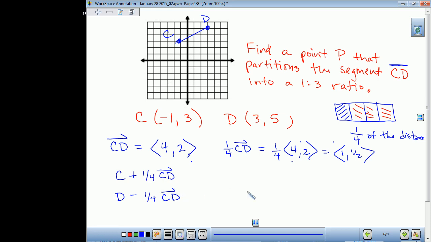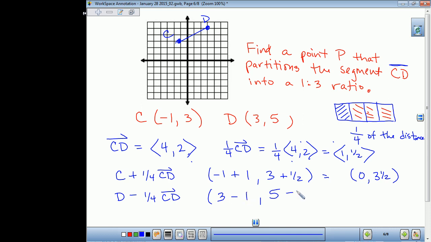Do you get that? So C is the point -1, 3. And so we'd be adding 1, adding 1/2. So that would give me the point 0, 3.5. D is the point 3, 5, but we'd be subtracting.